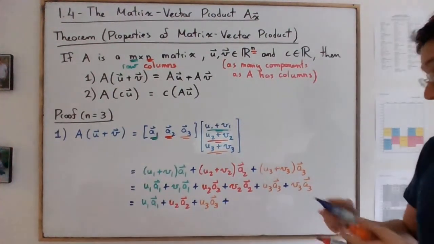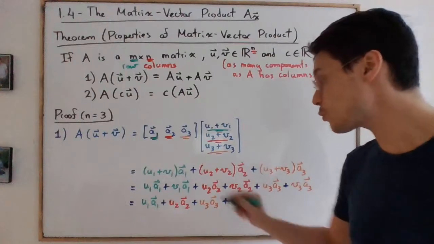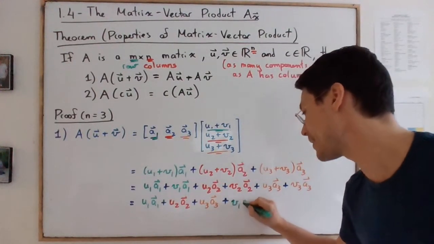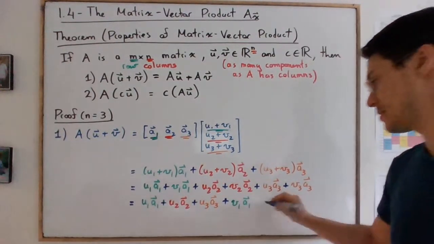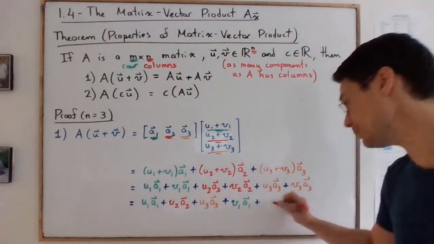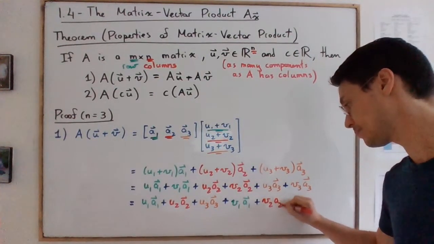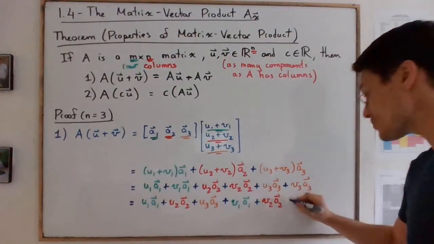Plus, then you pick up the terms that go with the v's: v1 a1 plus v2 a2 plus v3 a3.